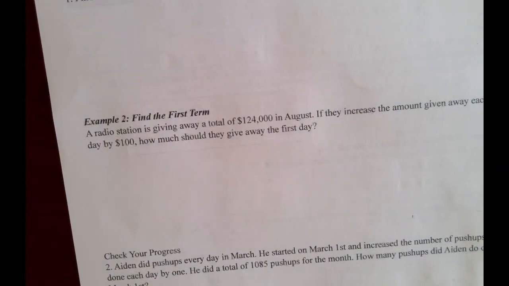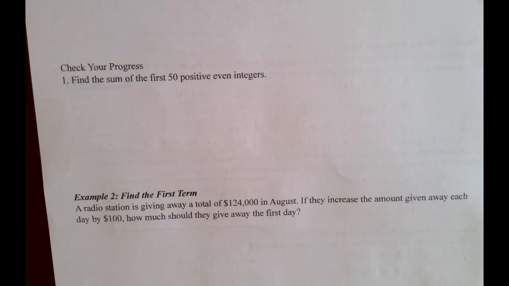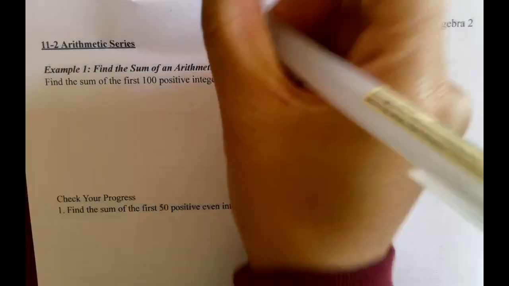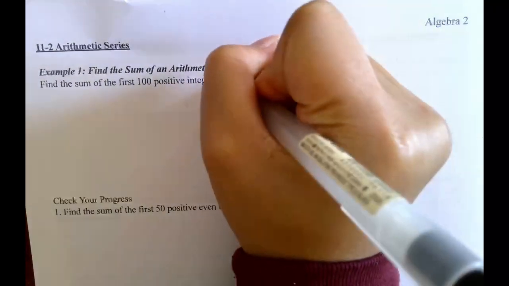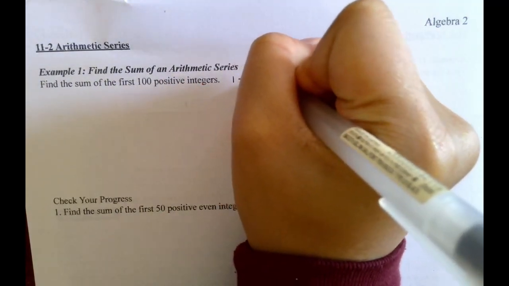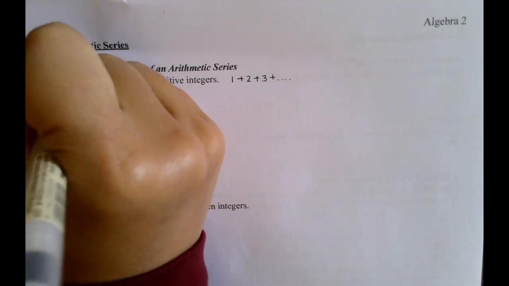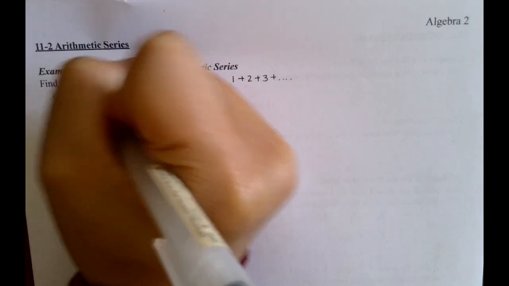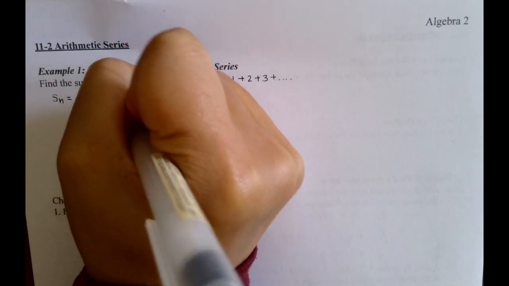Let's get started with our first one. Here we want to find the sum of the first 100 positive integers. What we're talking about for the first positive integers is 1, 2, 3, etc. Our formula is S sub n equals n divided by 2 times a sub 1 plus a sub n.